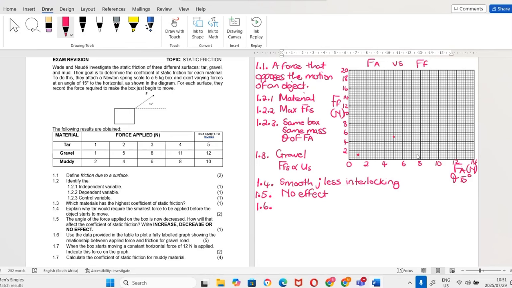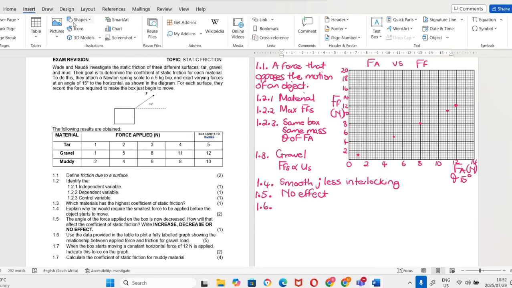Then if the force applied is 8, then the frictional force is also 8. And then if the force applied is 11, which is somewhere there, then the frictional force should be in between the 10 and the 12 there. Okay. Then the last one is 12. So that's where the force applied is. Okay, so those are your plotted values, and let's just connect those points.